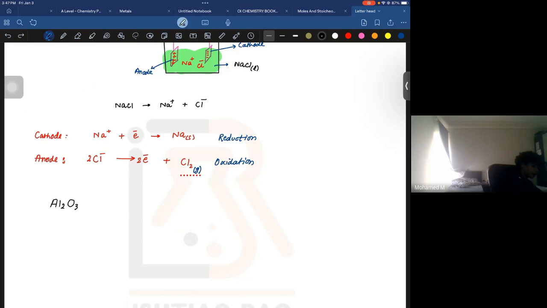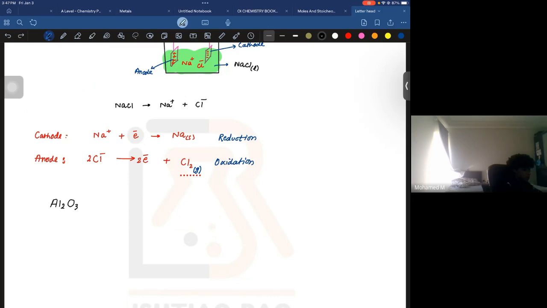So the reaction at the cathode would be Al3+ plus 3e minus, and then it becomes aluminium solid. So that's the cathode.